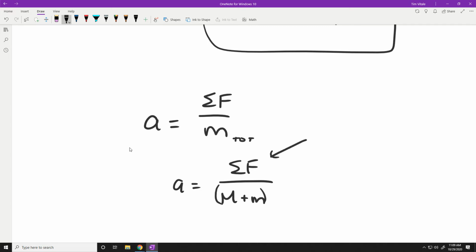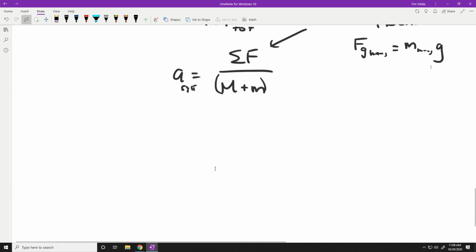And then this net force, if there's no friction, and this is for the total system, would just equal the Fg of the hanging mass, which would be the mass of the hanging mass times g.